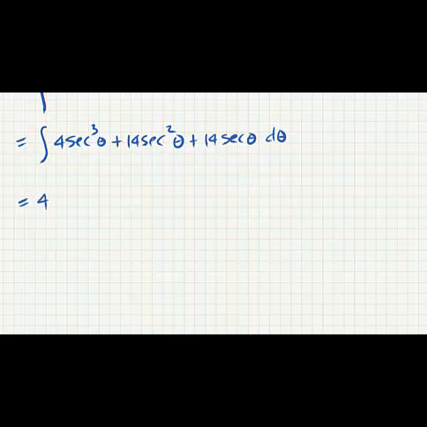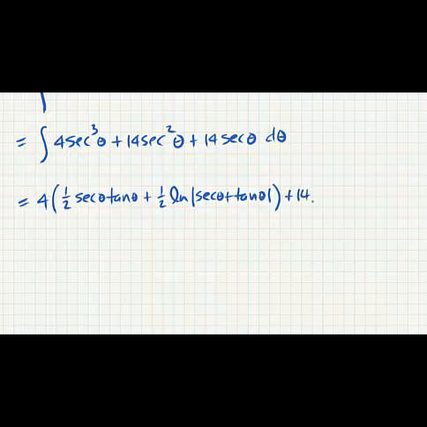This is going to be 4. And then the integral of secant cubed is going to be 1/2 secant times tangent plus 1/2 natural log of secant plus tangent. Okay. Integral of secant squared is tangent, plus 14.